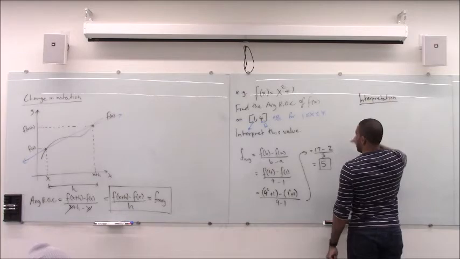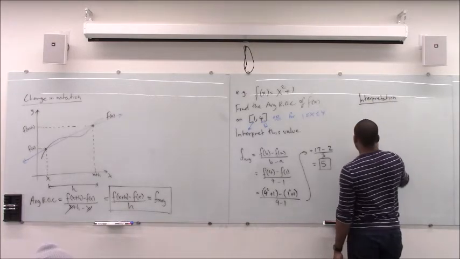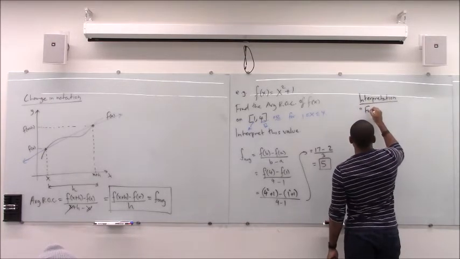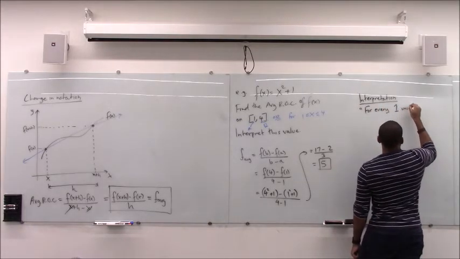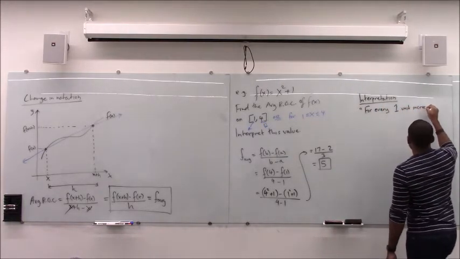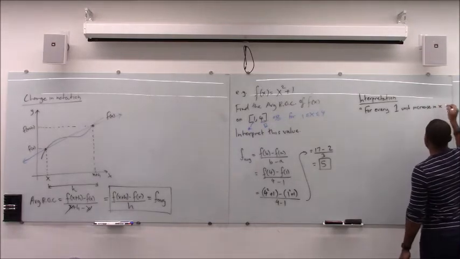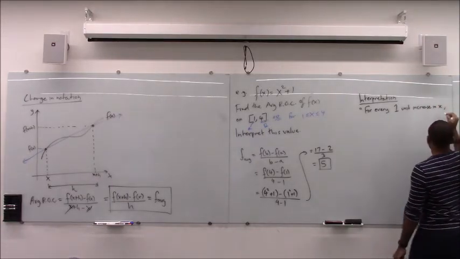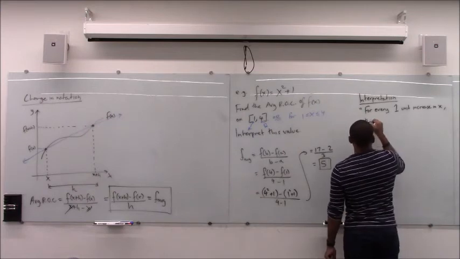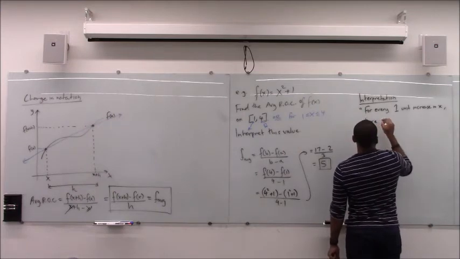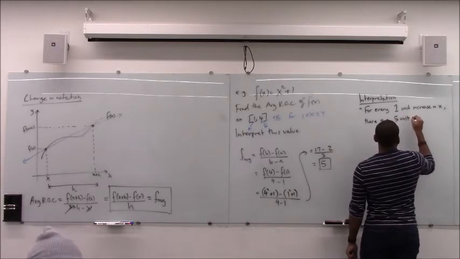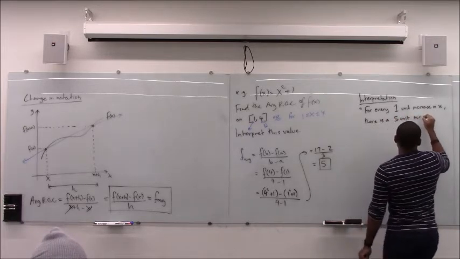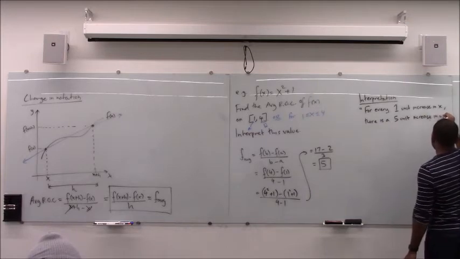Basically, you'd interpret it in this way. For every 1 unit increase in x, or in the input, there is a 5-unit increase in y.